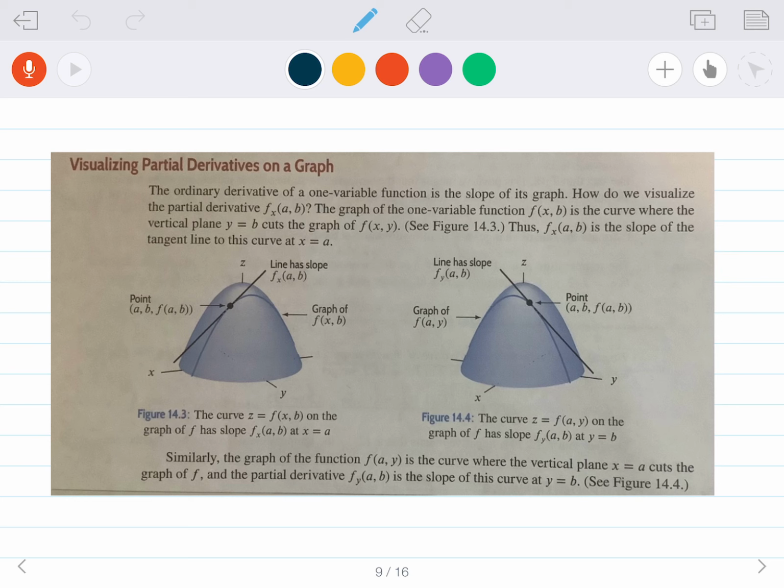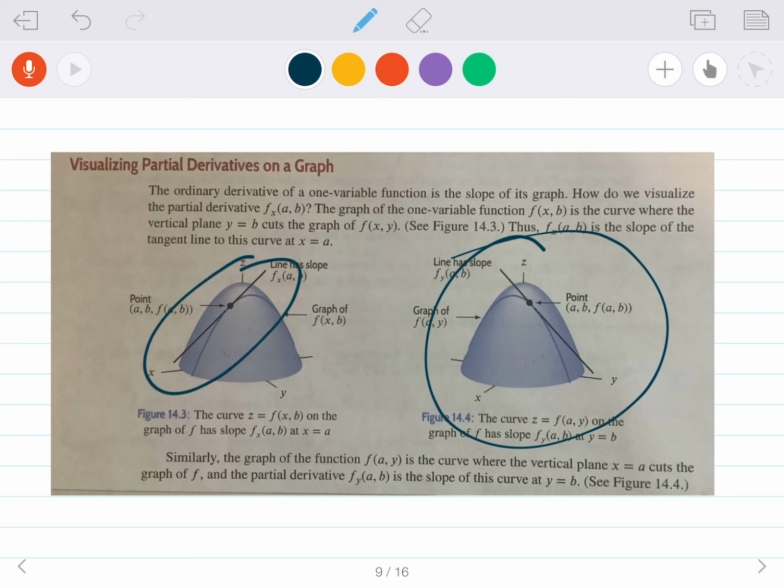You're looking at it from the x direction perspective, where we hold y constant. That's the partial derivative with respect to x. And then you can look at it from the perspective where you're holding x constant and you're looking in the y direction. And so, you can see just based on the perspective that you look at this, the slope's going to change.